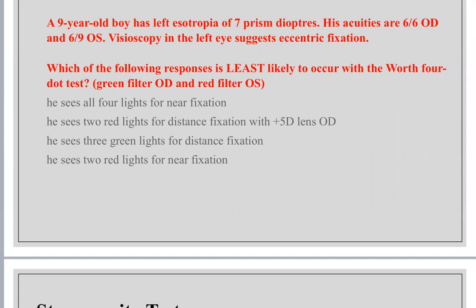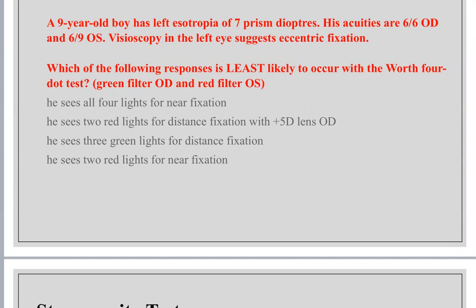He sees all the 4 lights for near fixation. Yes, this is true. For near fixation, he will stimulate temporally. His retina will be stimulated temporally, and this has no suppression. He sees 2 red lights for distance fixation with a +5 diopter lens. Yes, because here the +5 diopter lens will cause fogging of this eye.